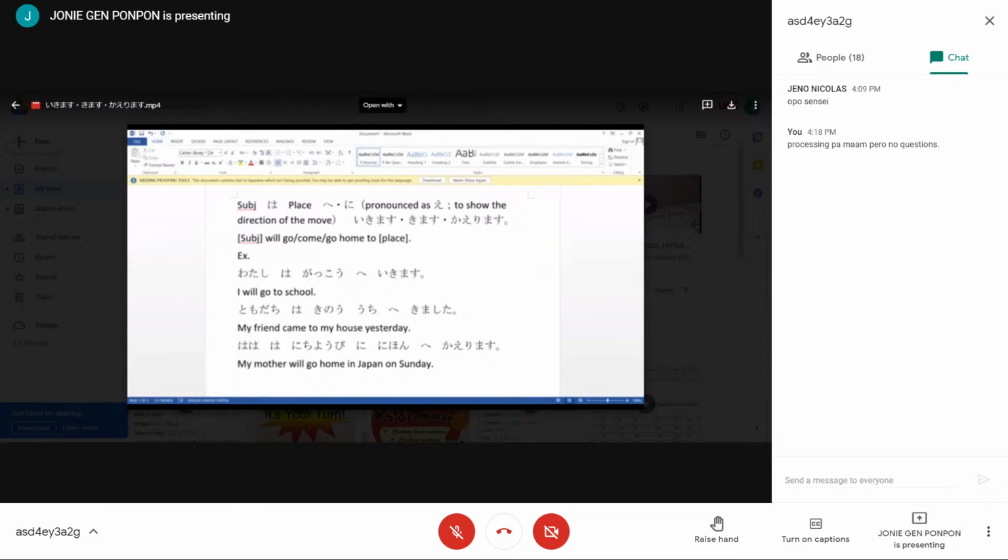The next sentence pattern is the dokomo, then verb masen. The verb should be in the negative format. Okay?